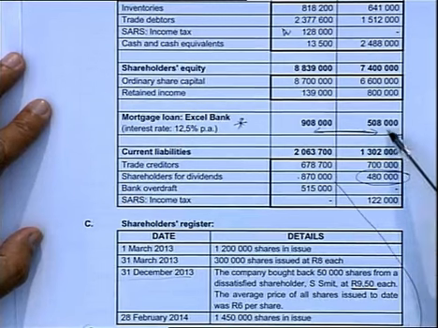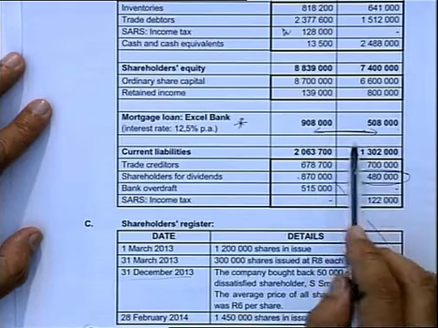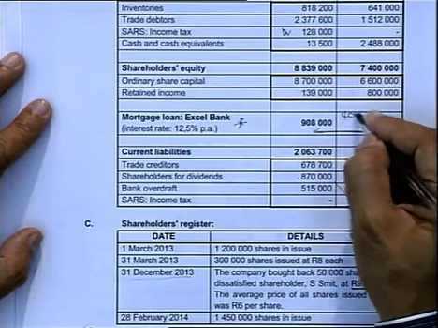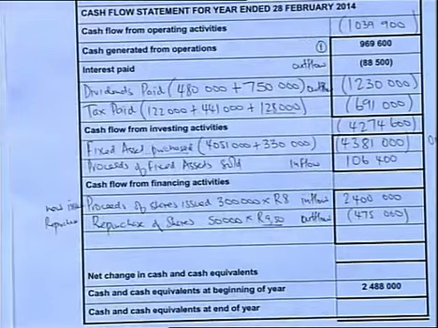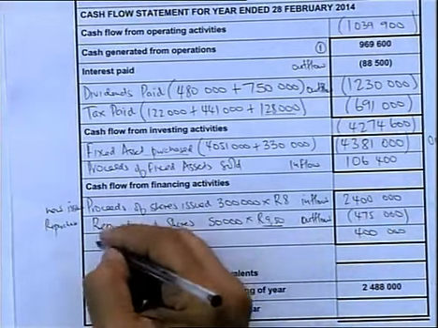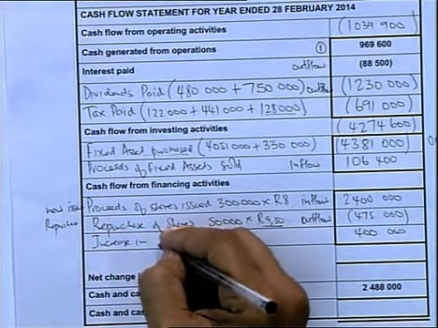So it started with 508 and they're ending with 908. So clearly the loan increased by 400,000. Right, so now we received 400,000, and that was for an increase in the loan.